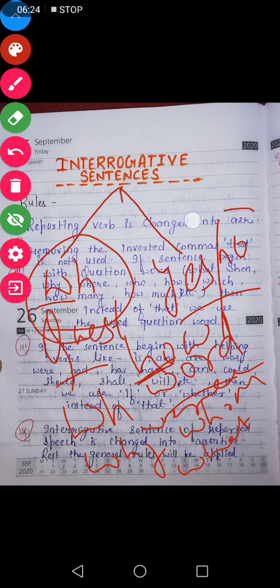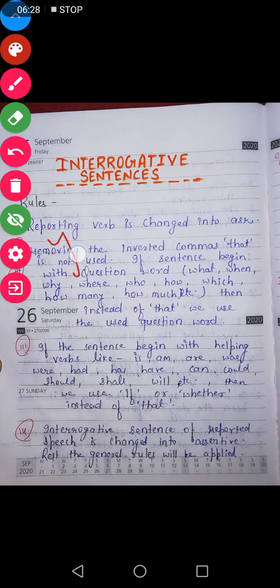And then we have our next type, that is yes no questions. Now what are yes no questions? The sentences which you can answer by yes or no. Any sentence which you can answer by saying yes or no will be called a yes no question.